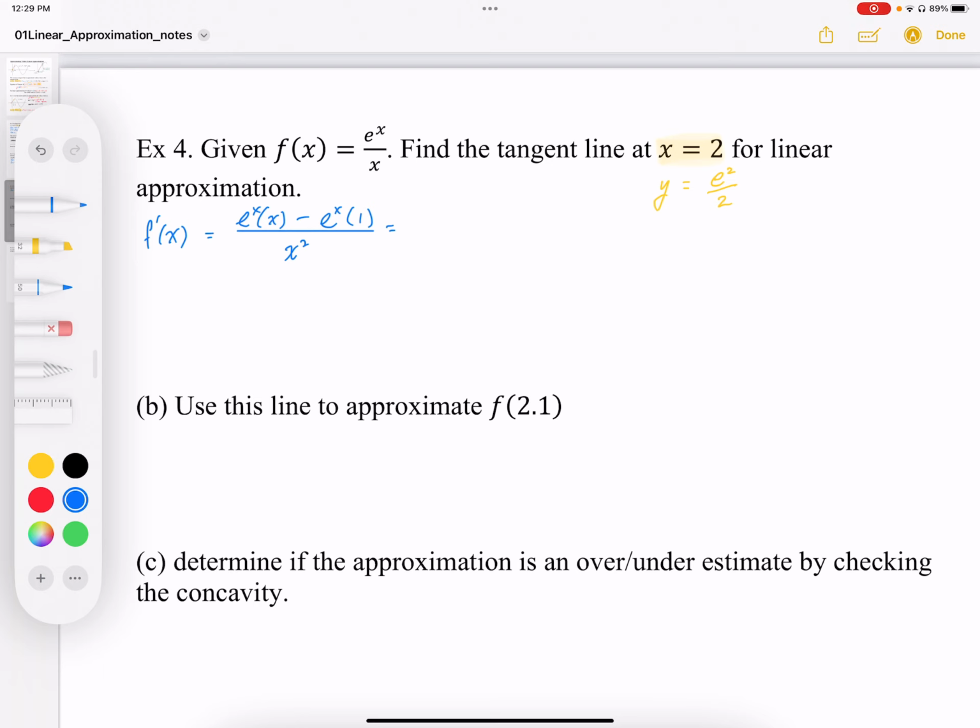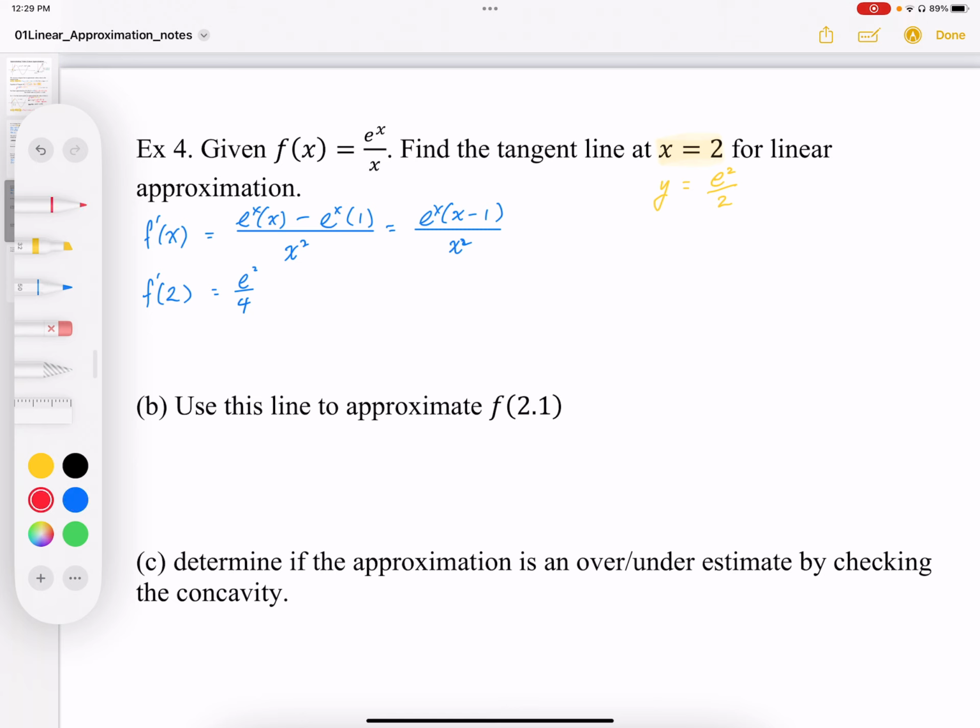So I'm going to simplify this to e to the x minus 1, and this is over x squared. Okay, so using this derivative, I'm going to calculate the slope at x equals 2. So here I'm going to end up with e squared over 4 as the slope.